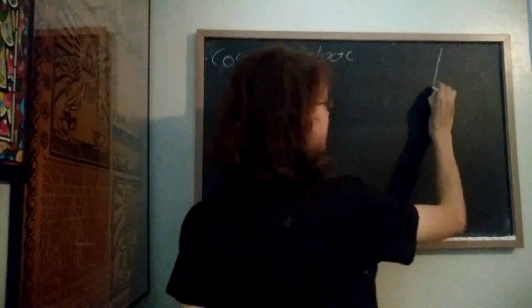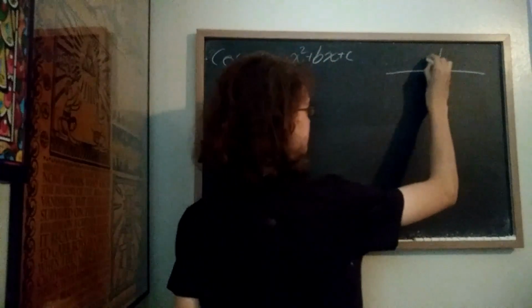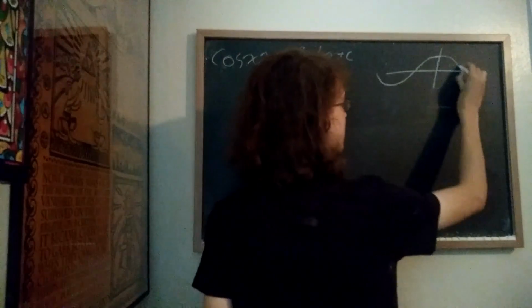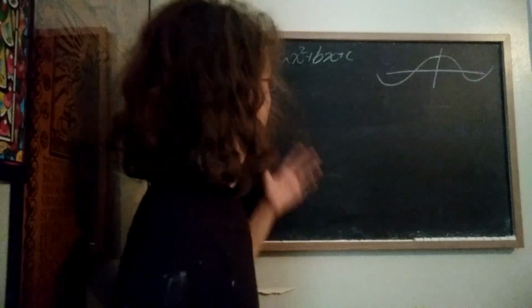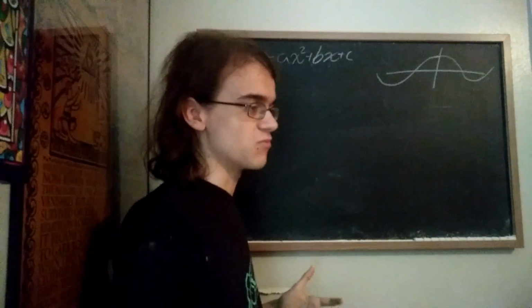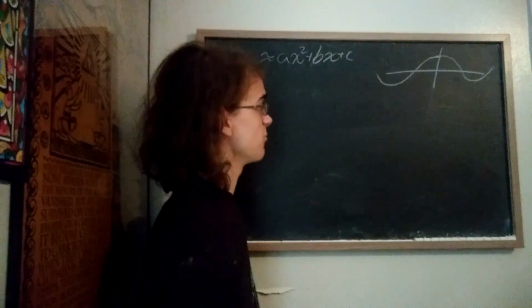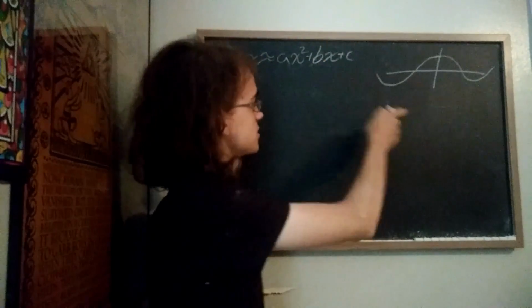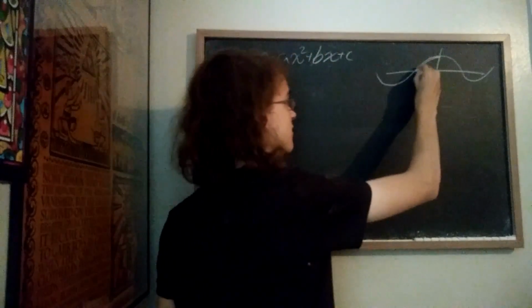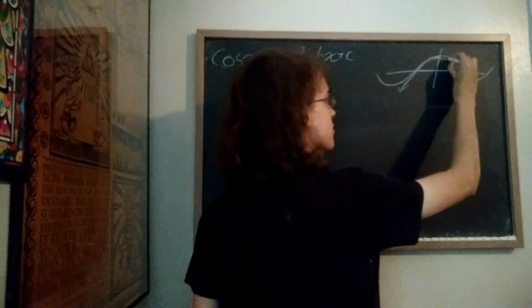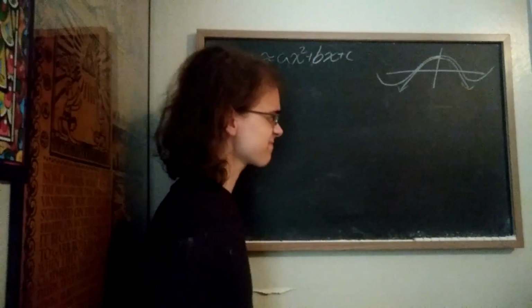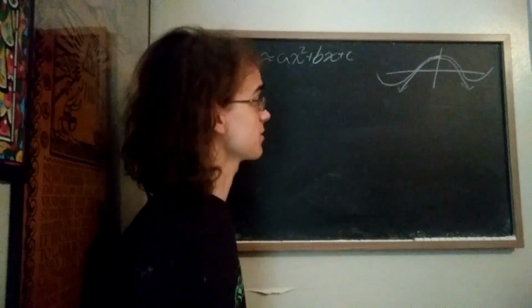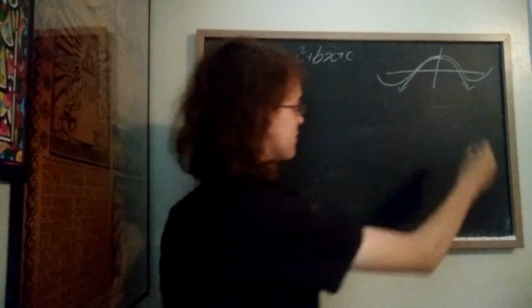Well, we can look at the graph of cosine. And the graph of our quadratic here is going to be some U shape. And we want this approximation to hug the cosine graph, sort of like that.